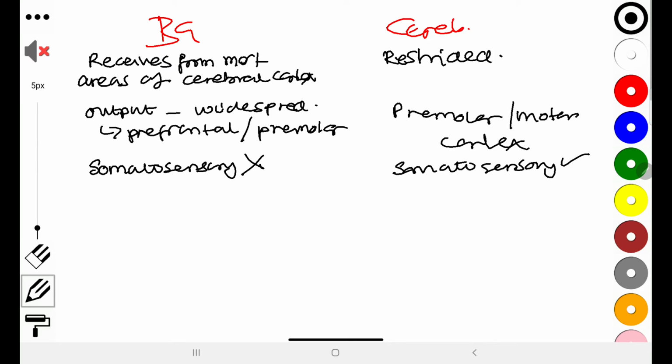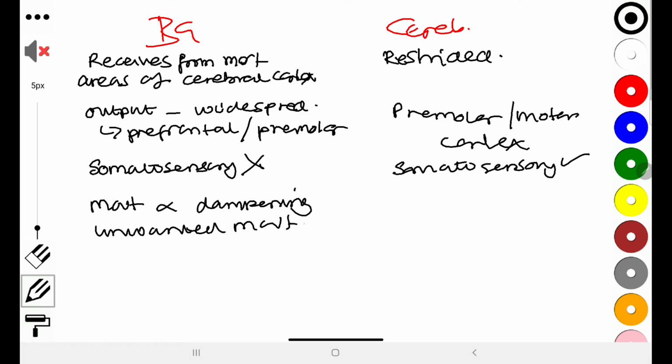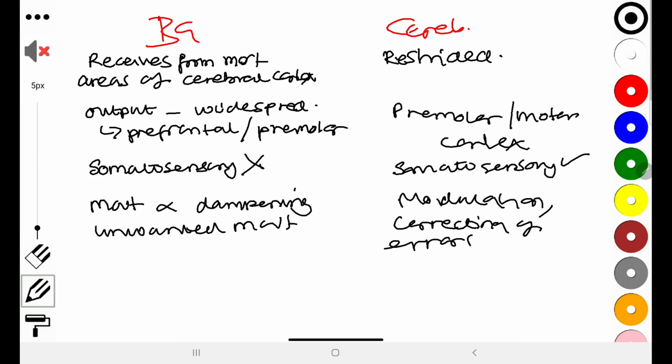Maybe one more thing is that the basal ganglia function is really for movement and dampening unwanted movement, whilst the cerebellum is mostly for modulation, correcting of errors, and smoothing.